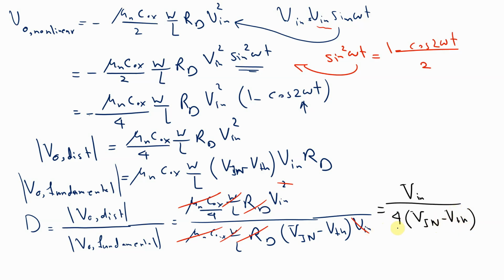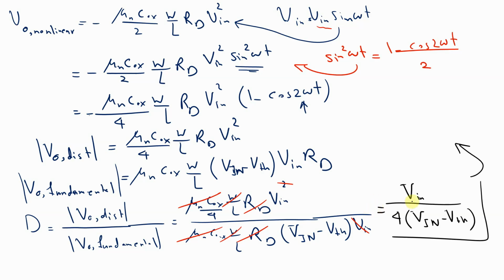This is the last formula for distortion, and we can calculate it. So we can find the normalized distortion of this amplifier.